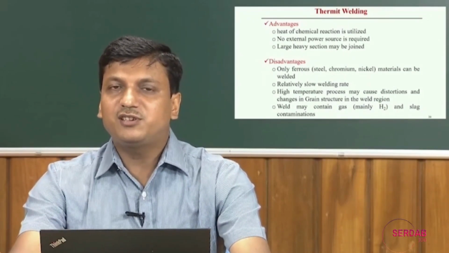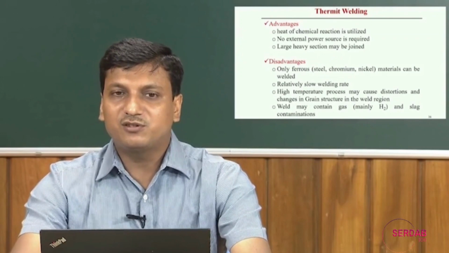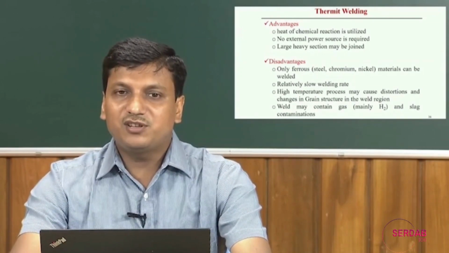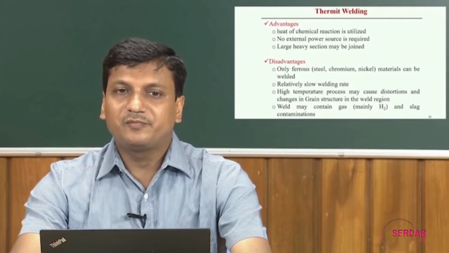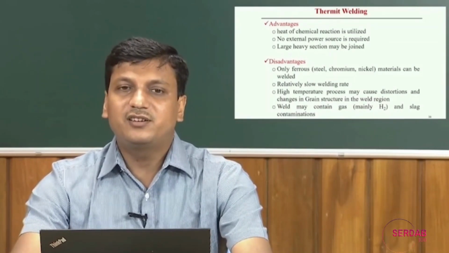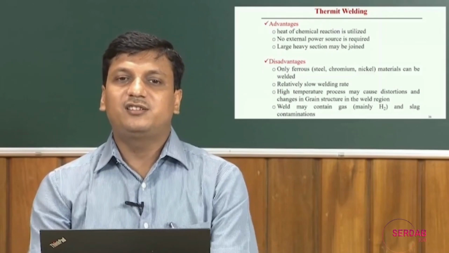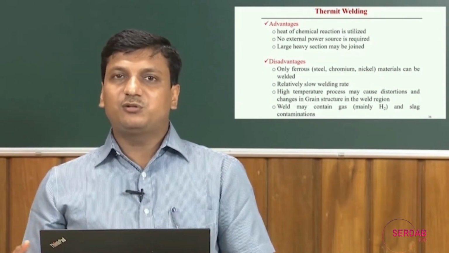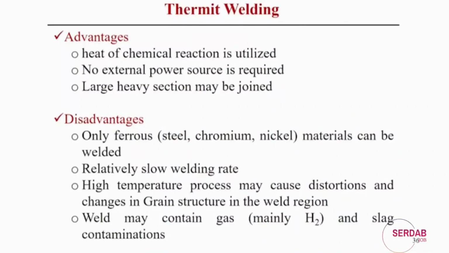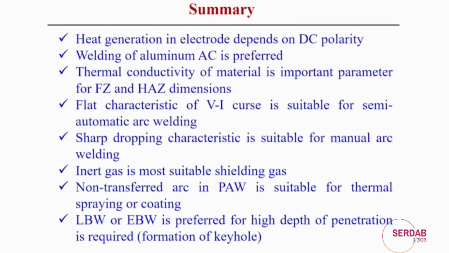Welding rate is relatively slow, not as high as compared to other arc welding processes, and high temperature passes may cause distortion and affect the grain structure in the weld zone. Sometimes the weld metals may contain hydrogen, and slag inclusions or contamination are other difficulties, maybe disadvantages, of this welding process.